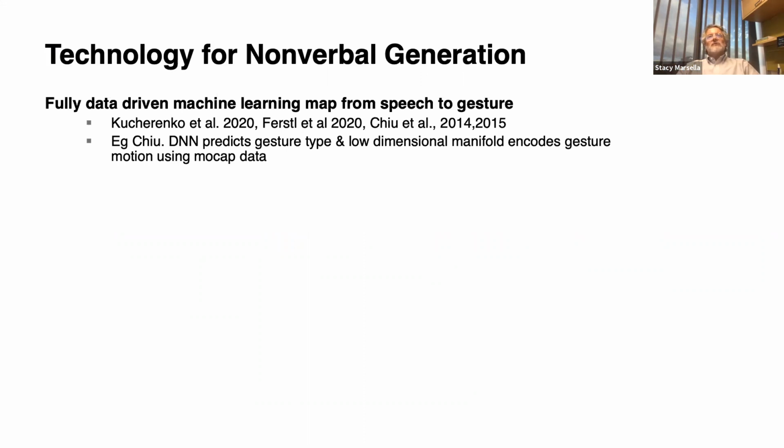So there's a lot of really great work on data-driven machine learning approaches to going from speech to gesture. Taras and Ilva have done great work. LP and I had a student, CC Chu there, that worked on speech to gesture.